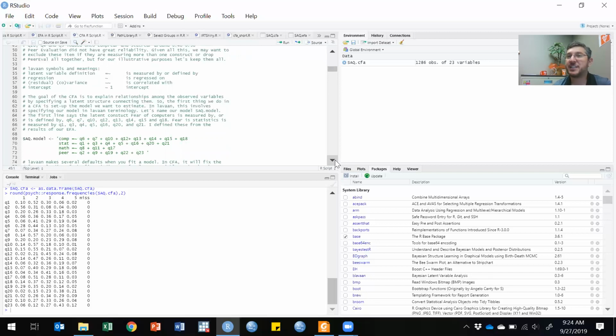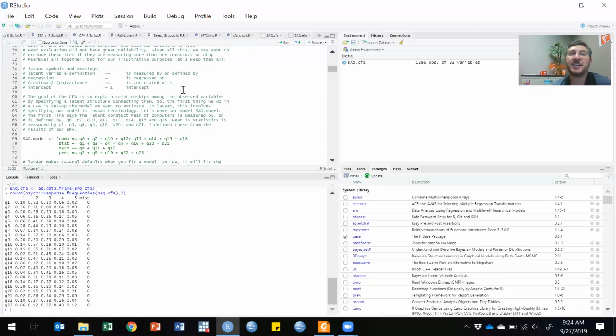So the first thing to do when you're setting up your model is you need to tell the program what theoretical model you want to test. And in lavaan, that means defining your model. Here are some symbols to get you used to what's going on in lavaan. We use an equal sign and a little tilde sign here.